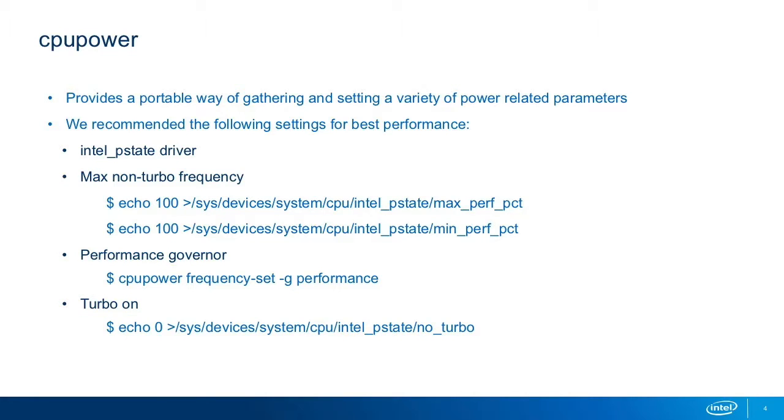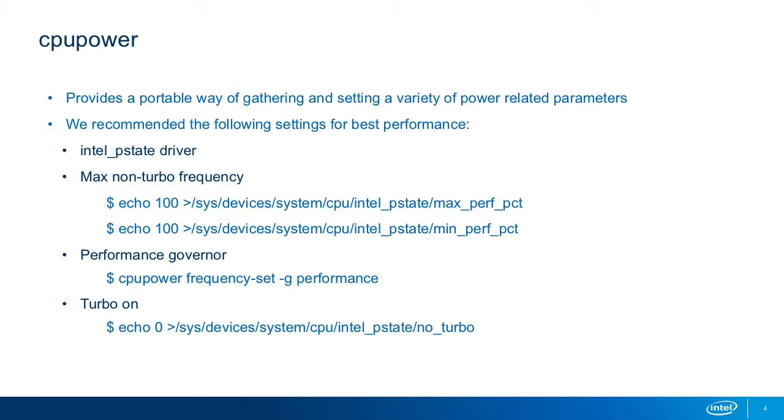So CPU power, you can try it if you have installed the XPPSL, and this can show you what the current frequency is, which should be in this interval, and this is after you have set that the only non-turbo frequency is equal to the max frequency.